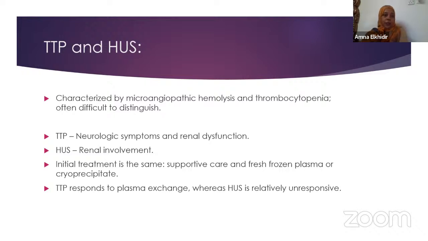In hemolytic uremic syndrome, we have renal involvement. The initial treatment is the same: supportive care, fresh frozen plasma, or cryoprecipitate to replace platelets and protein factors. But thrombotic thrombocytopenic purpura responds to plasma exchange, whereas hemolytic uremic syndrome is relatively unresponsive.